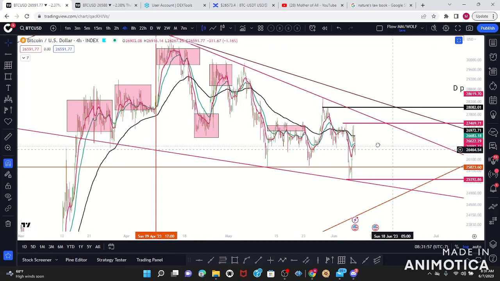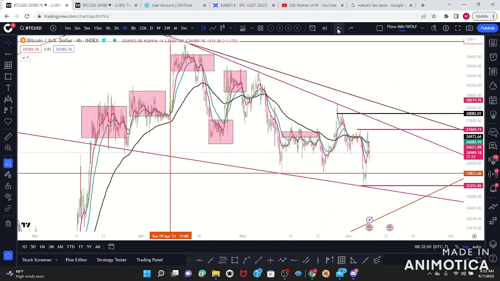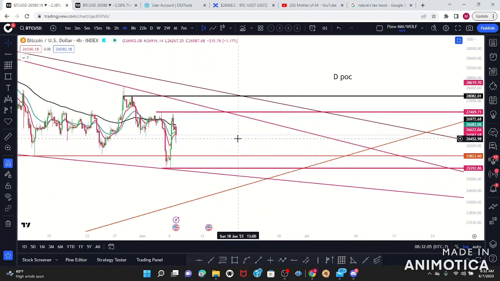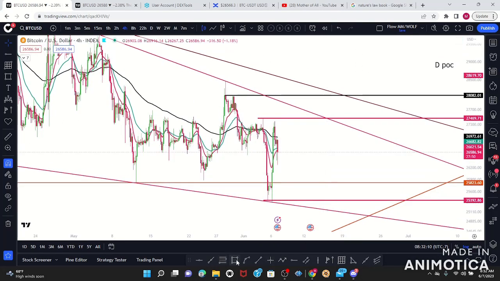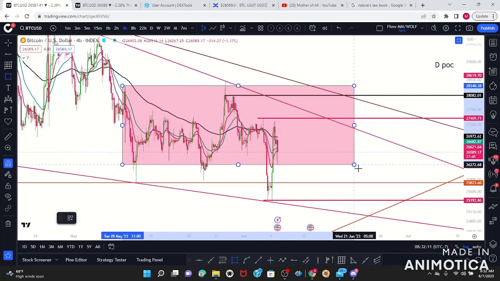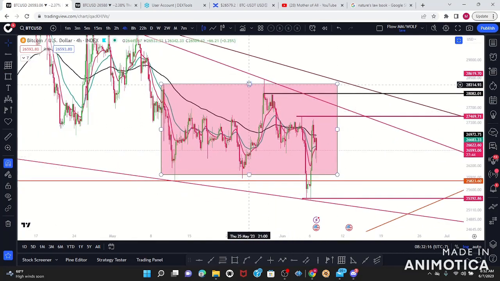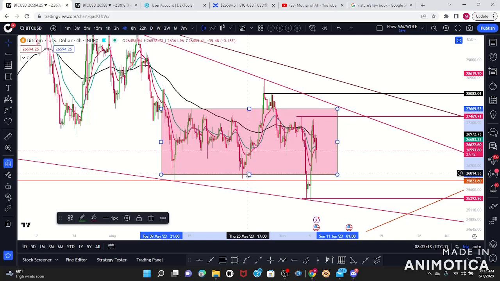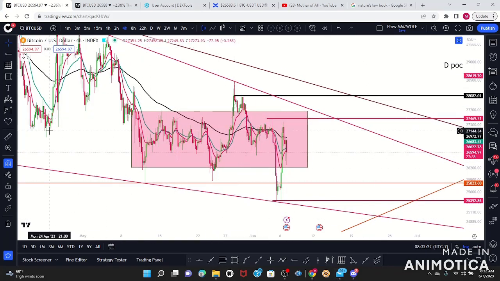My concern here with this ripsaw, and I was mentioning it to my members on my Discord, is that when I get to my 4 hours, I'm always looking for my contraction zone. Just looking at this, I have a feeling, what if this whole area is a contraction zone? The reason I say that is because it could be some sort of Wyckoff pattern here, and this could be a huge ripsaw.